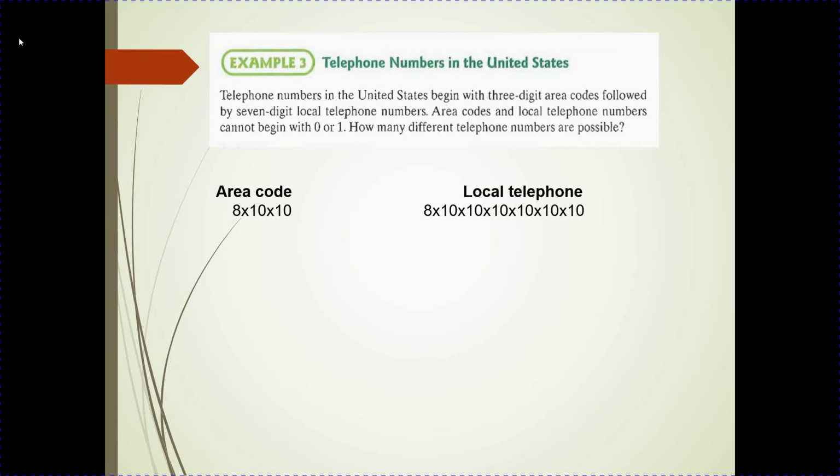Okay, so the total number of telephone numbers that you can have will be 8 times 10 times 10 times 8 times 10 times 10 times 10 times 10 times 10, which is about 6.4 billion telephone numbers available in the United States. So examples 1, 2, and 3 deal with the fundamental counting principle.